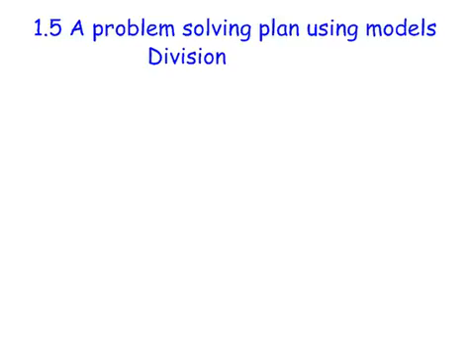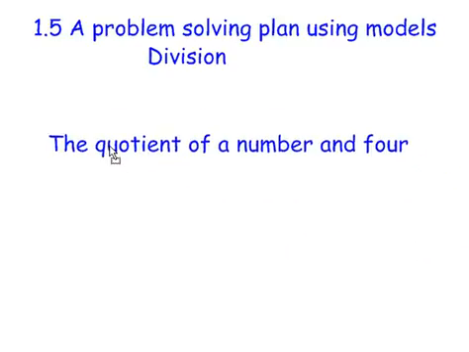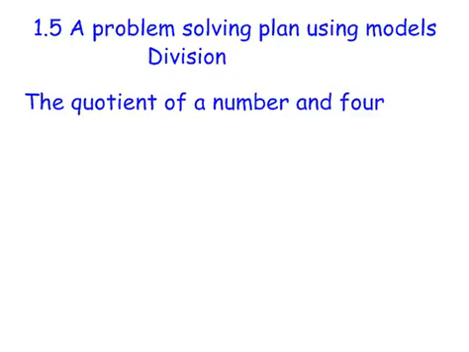And the last group that we're going to look at is division. Here is our first verbal phrase. The quotient of a number and 4. The operation that's tipped off is division, and it's tipped off by using the word quotient. The quotient of a number and 4 would mean n, or a number, divided by 4.